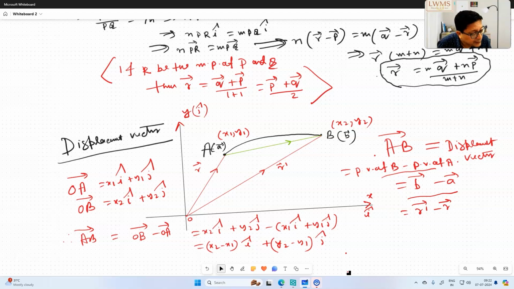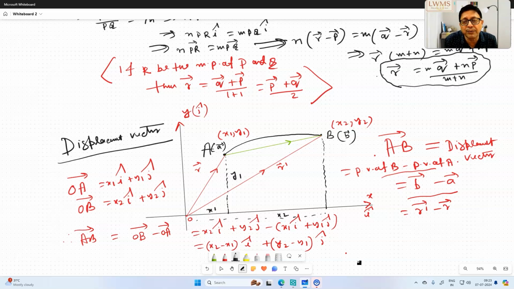Alright. Now some people will say that this x2 minus x1, can't I write it as delta x? Of course you can write, because if you draw a perpendicular here, and draw a perpendicular here, this is already explained. This part is x1 and this one is x2.